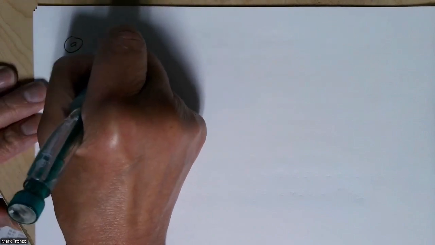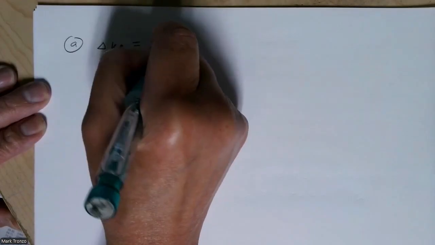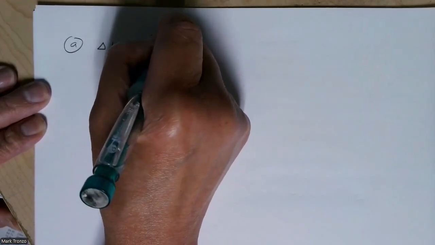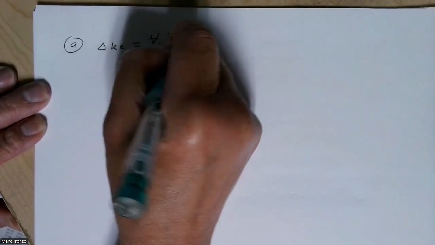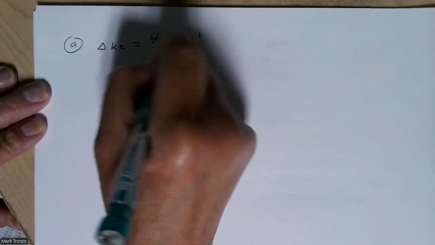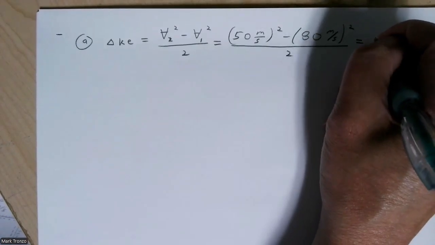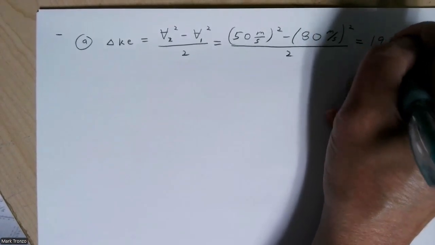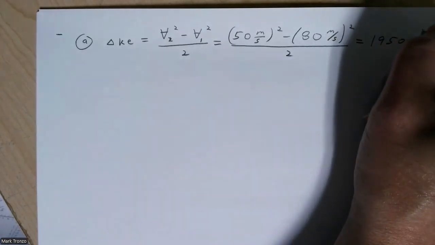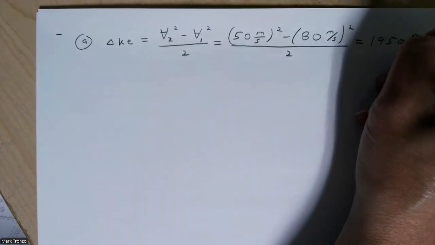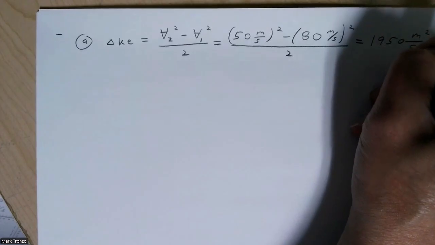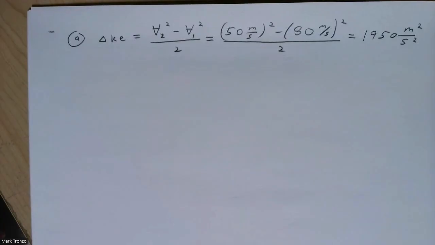So we can just calculate for A, change in kinetic energy is going to be V2 squared minus V1 squared divided by 2. And this is going to give us 1950 meters squared per second squared.